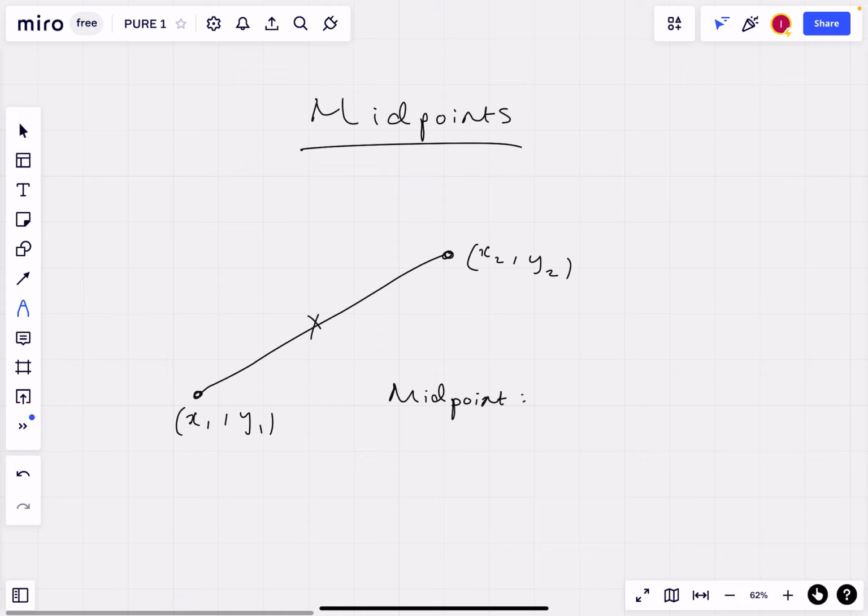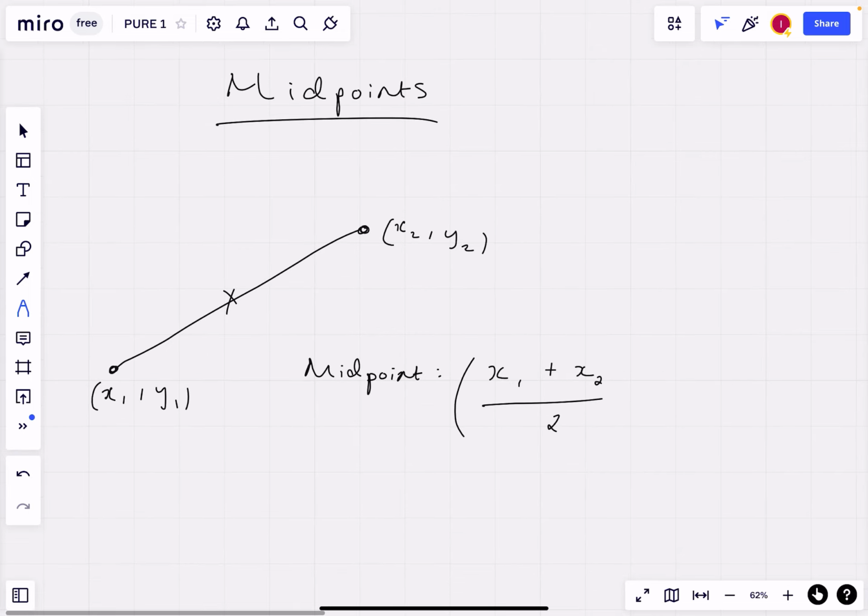That general equation is x1 plus x2 all divided by 2. That will give you the x coordinate. And then the same thing with y: y1 plus y2 all over 2. There you go. That's how you work out the midpoint.